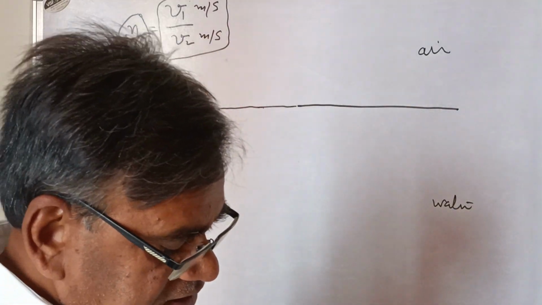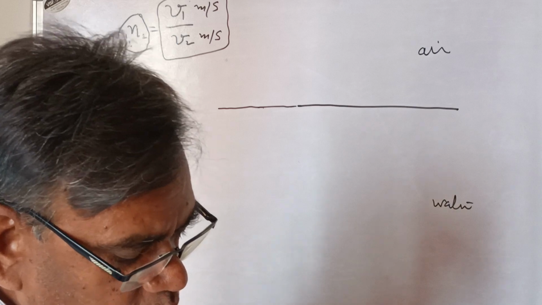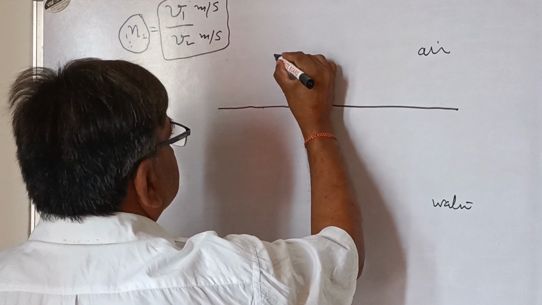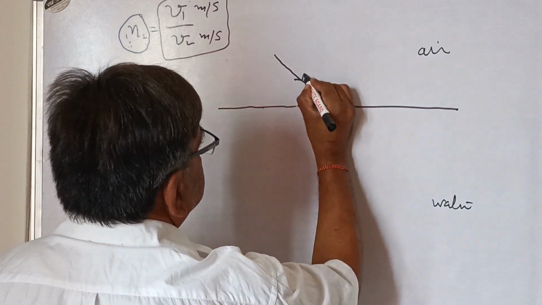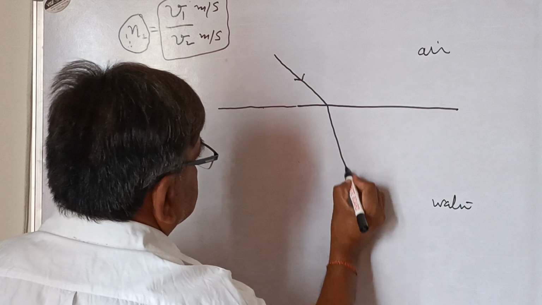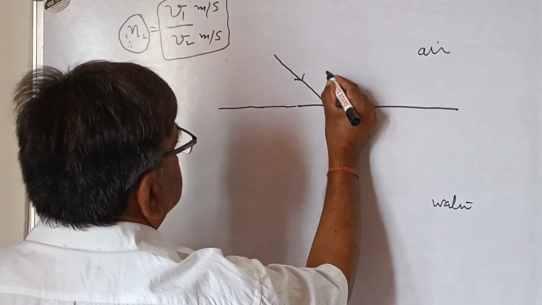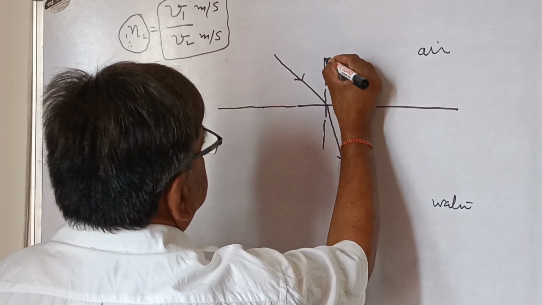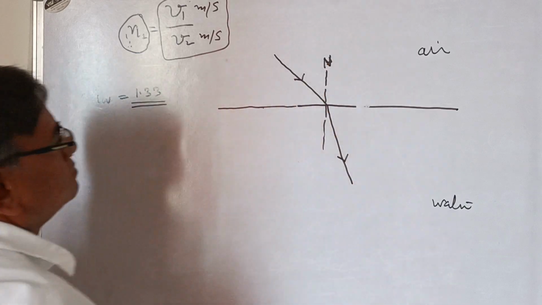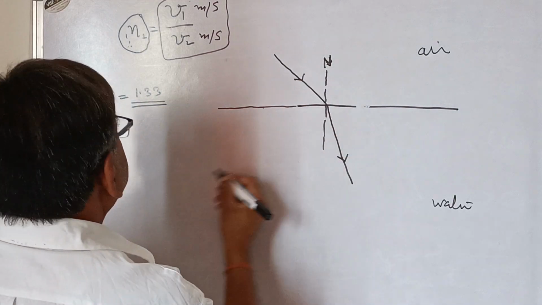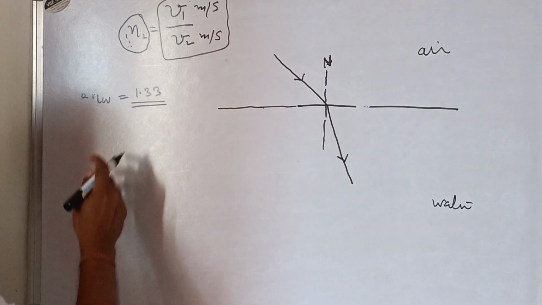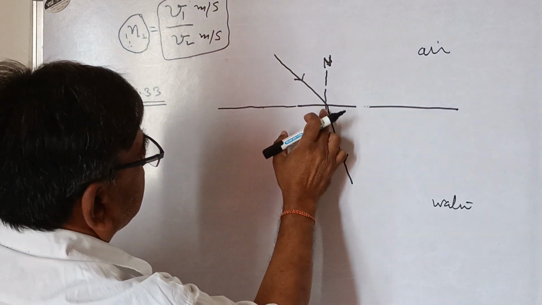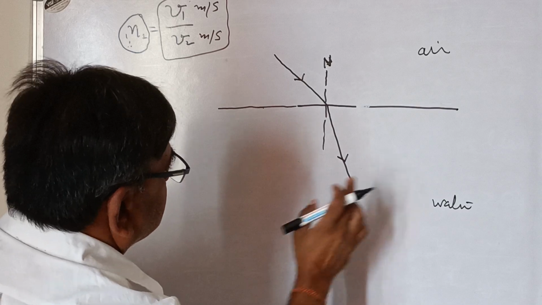What will be the refractive index of light going from water to air? Now, this is the case. This is air. So this is the case when the ray comes from air and after refraction travels in the water.